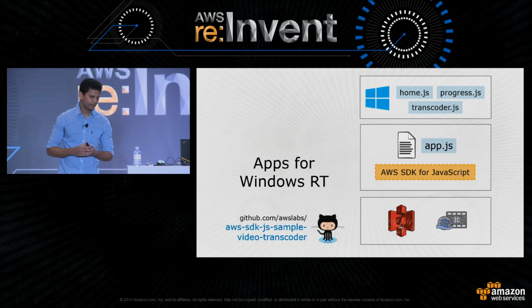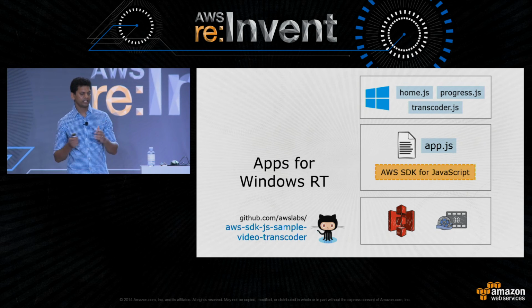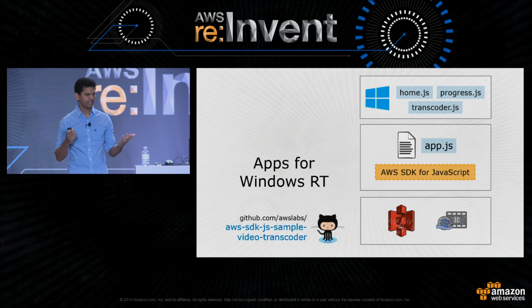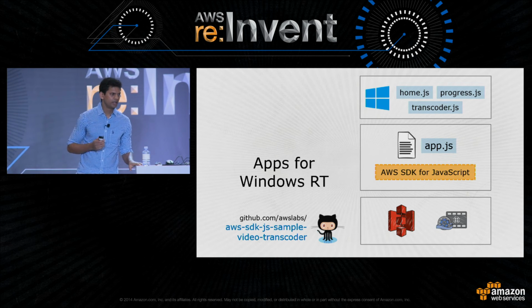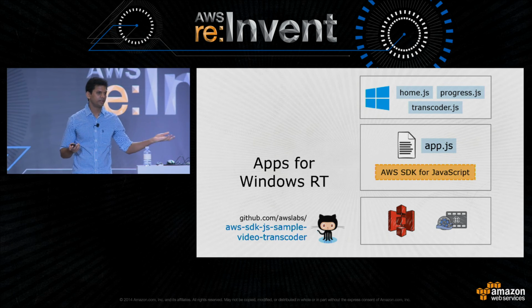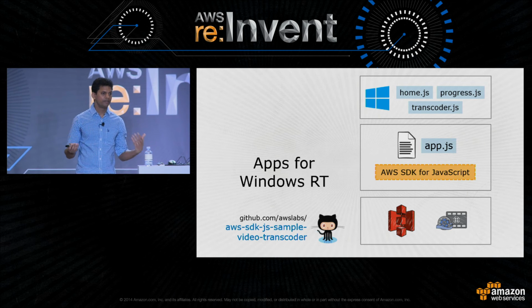So in the application for Windows RT, there are 3 core files: home.js, progress.js, and transcoder.js. Home.js contains code that deals with all of the UI and layout that you just saw, which includes code for event management, file pickers, and so on and so forth.